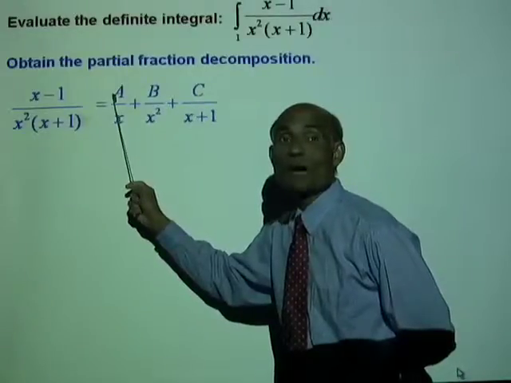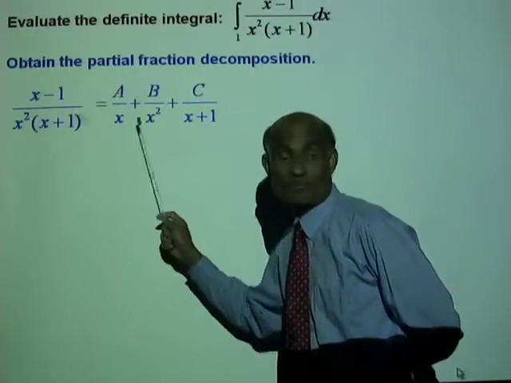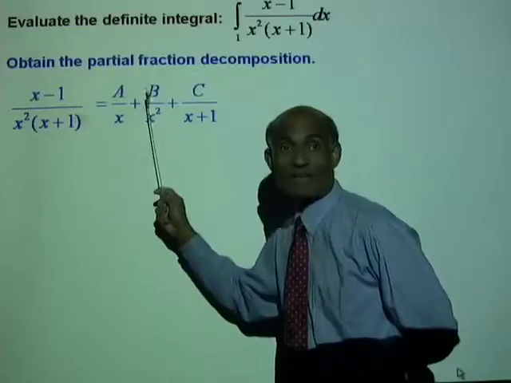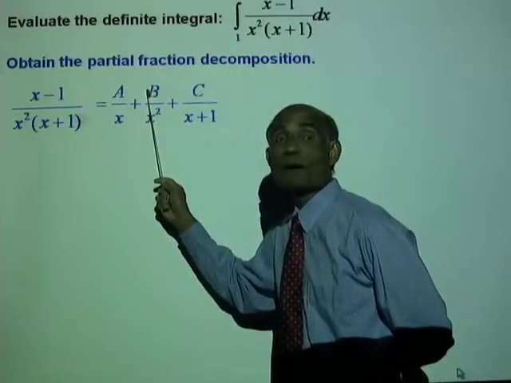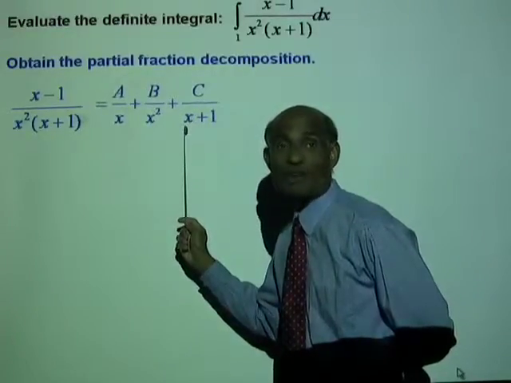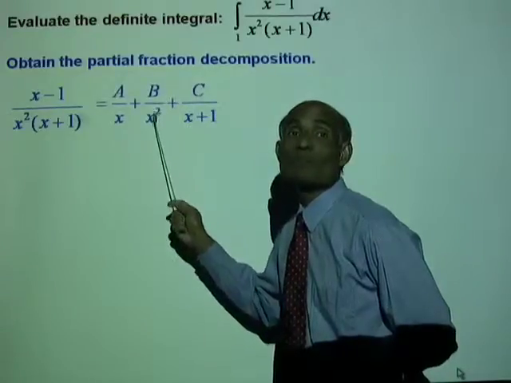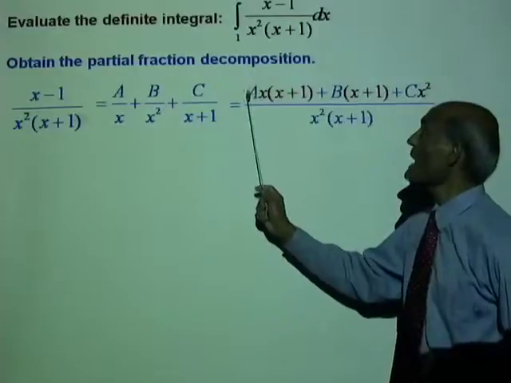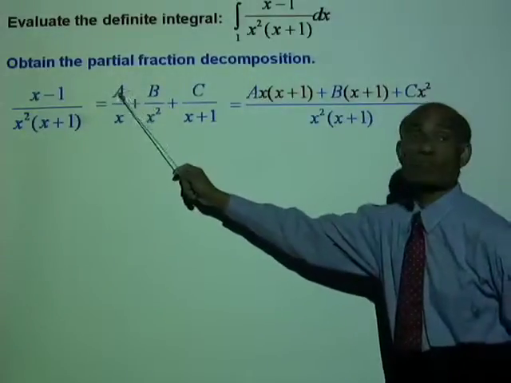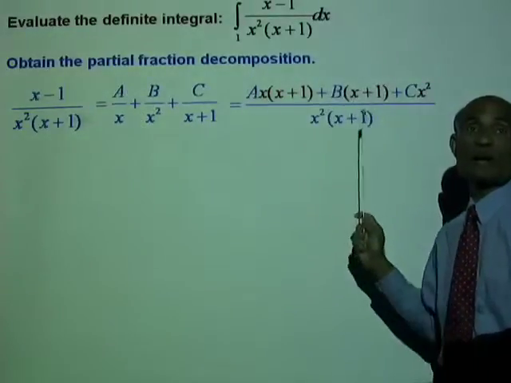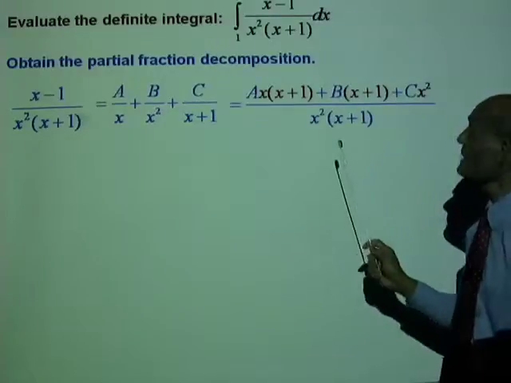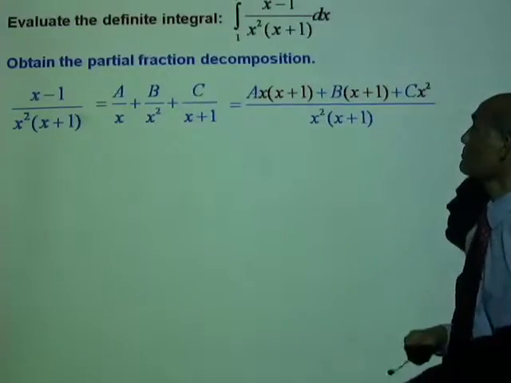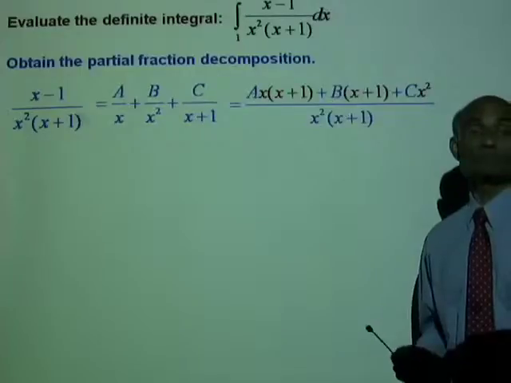A will get multiplied by x times x plus 1 because there is an x already there. B will get multiplied by x plus 1. And C will get multiplied by x squared. Alright, so that will be Ax times x plus 1 plus B times x plus 1 plus Cx squared over x squared times x plus 1.